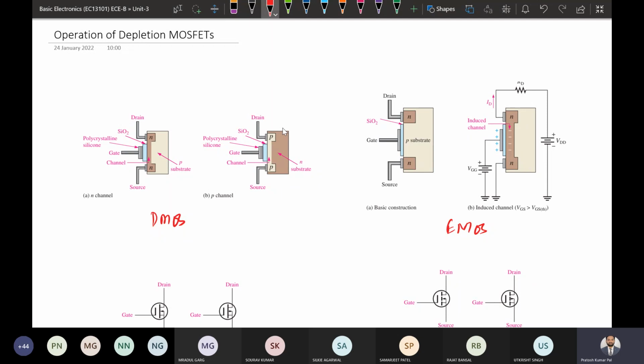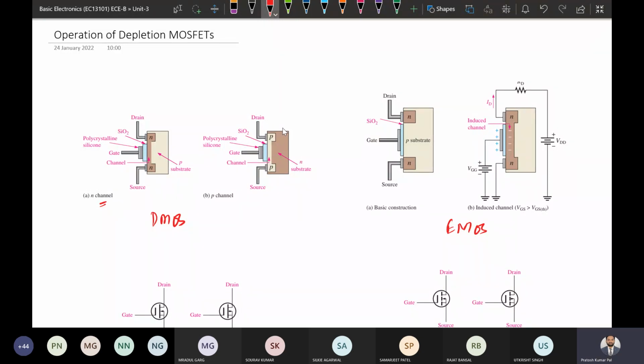Here in the depletion type MOSFET, if it is N channel, a channel of N type is formed, so in the channel region there will be a high concentration of electrons. There will be a drain, a source and a gate.